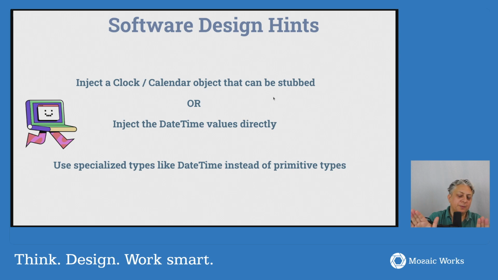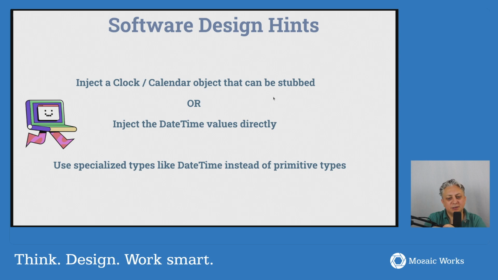Now, depending on where you are and what problem you're trying to solve, both approaches are fine. The second one creates less coupling because you don't have this need to introduce a new object that wraps the system clock. You don't need to stub it. You don't need to do an implementation of it.